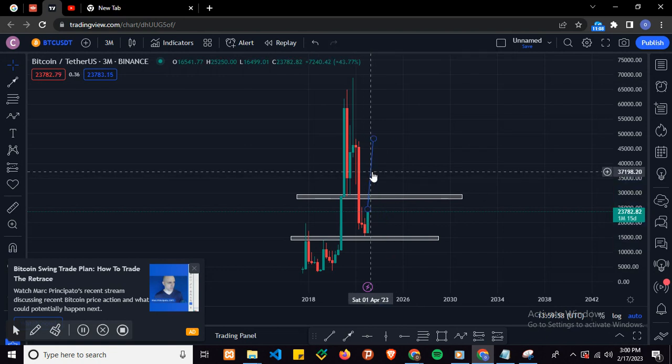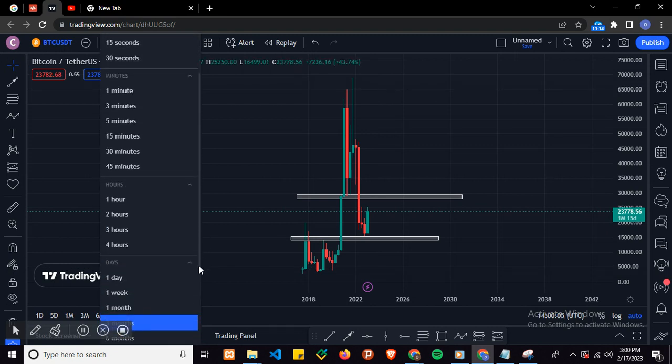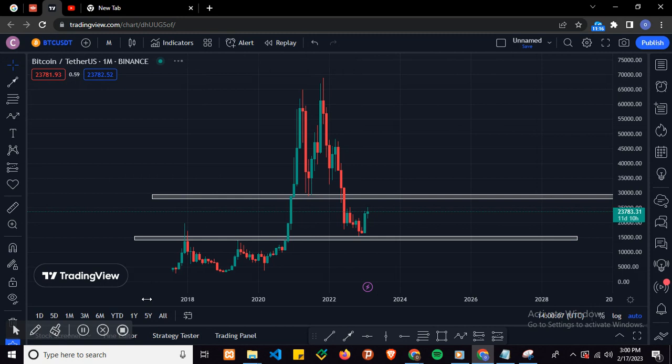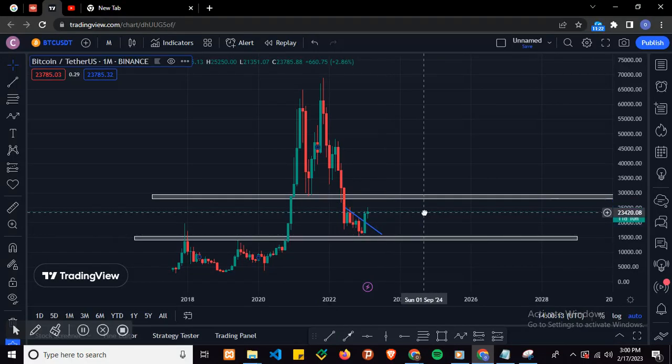So let's check the 1 month time frame and see what's happening. It's BTC. Oh, nice. This 1 month time frame, that's a breakout. That's a trend line breakout. Sorry, 1 month, not 1 hour.